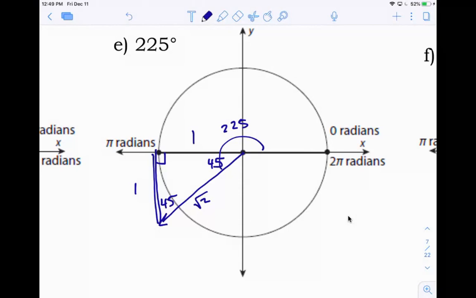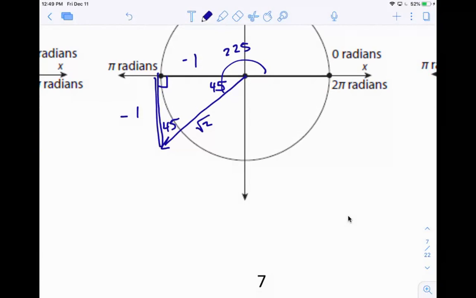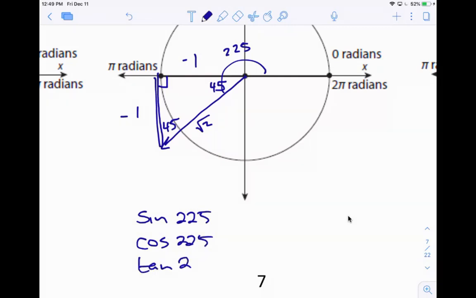However, in this quadrant, both the x's and the y's are negative. So we have two negatives here. Even so, the hypotenuse will still be positive. All right, now we have sine of 225, cosine of 225, and tangent of 225 degrees.